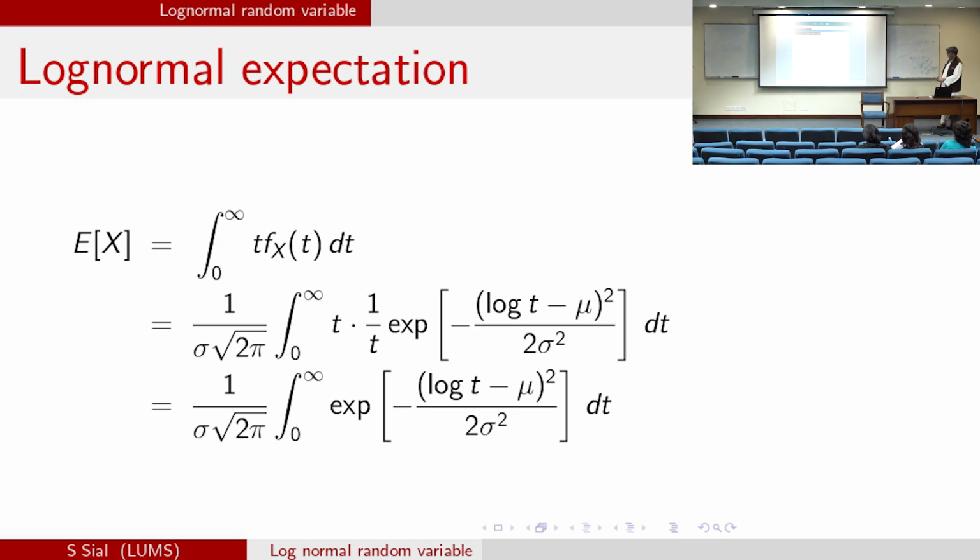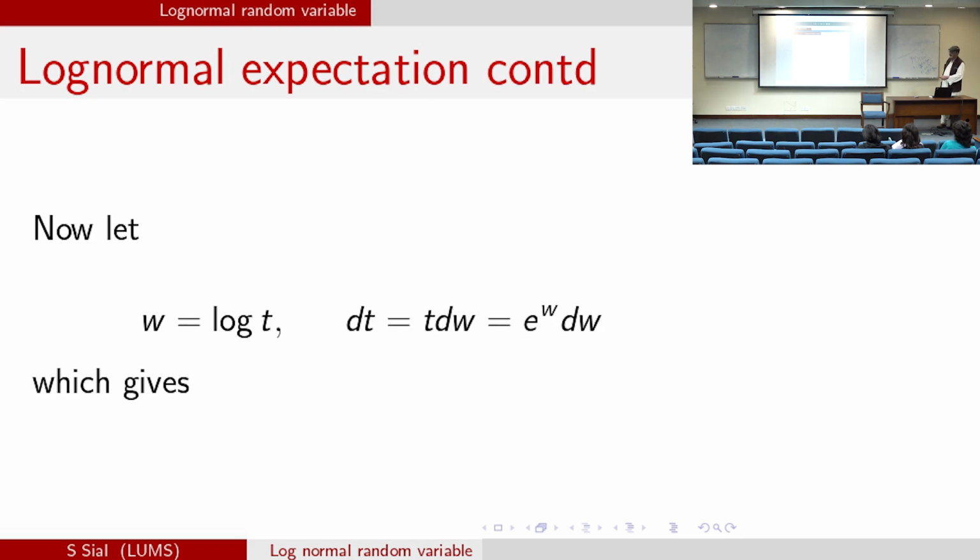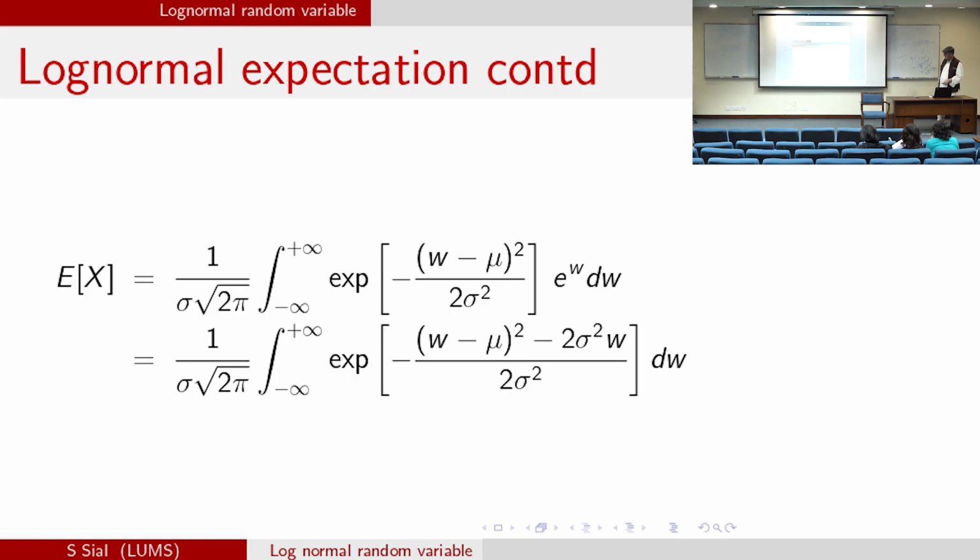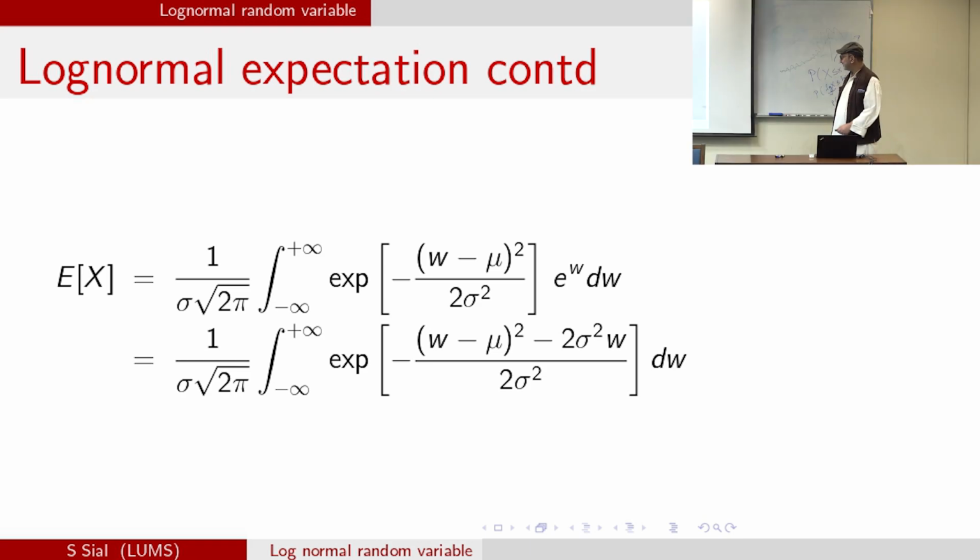So you won't be able to do it directly, but you can try a substitution. Let w equal log of t. Then dw is equal to 1 over t dt. I'm not sure that's making me any happier than I was previously.